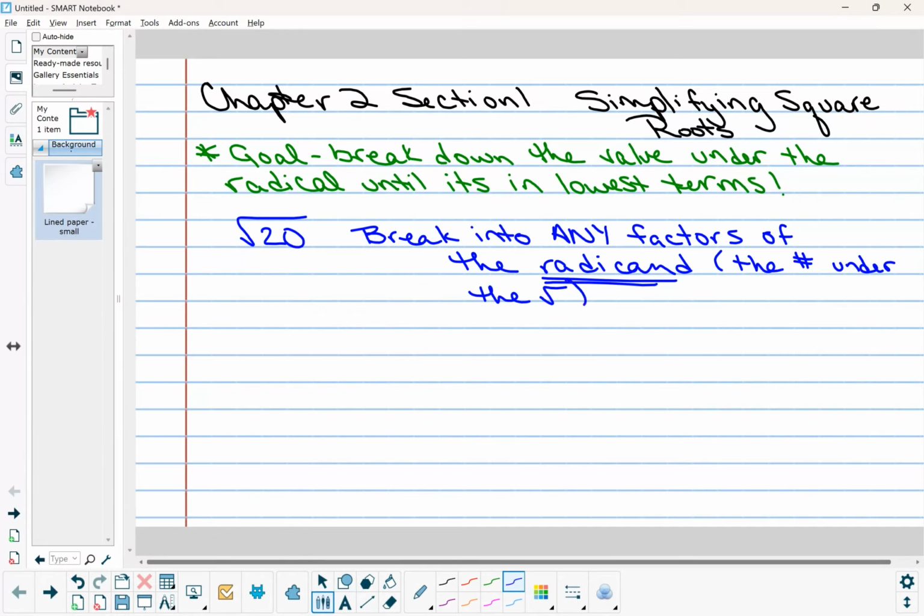So we're going to take the 20, and when you break these down, make sure you break these down into values under square roots. So I'm going to use 4 and 5. Okay, 4 and 5. And then if a number's prime, you can't really go any farther. So I can't do 5 because that's prime.